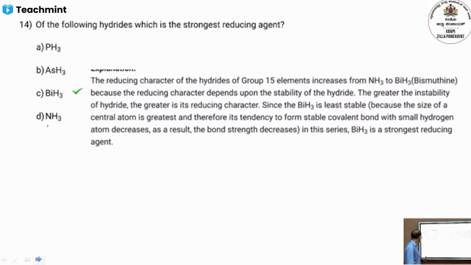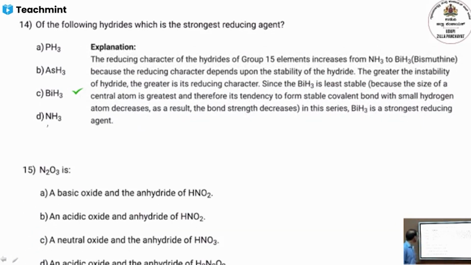Next is N2O3: whether it is a basic oxide and anhydride of HNO2, or an acidic oxide and anhydride of HNO2, or a neutral oxide. Anhydride is the substance, or a molecule, which is formed by the removal of a water molecule from the acid. So we have to look into what we get if we add water, H2O, to this formula.